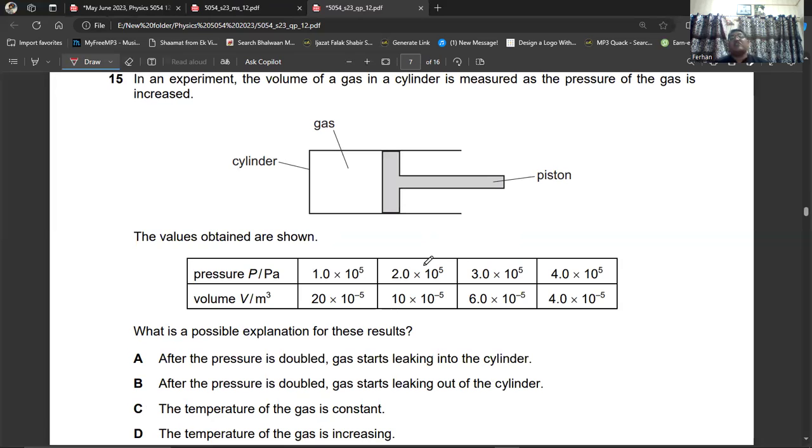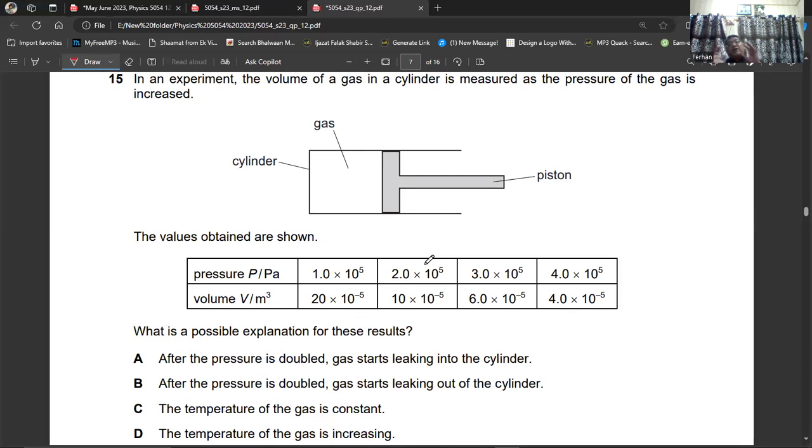When the pressure is 2 times 10^5 Pascal, the volume becomes 10 times 10^-5 meter cube. When the pressure becomes 3 times 10^5 Pascal, the volume of the gas becomes 6 times 10^-5. And when the pressure becomes 4 times 10^5 Pascal, the volume becomes 4 times 10^-5.